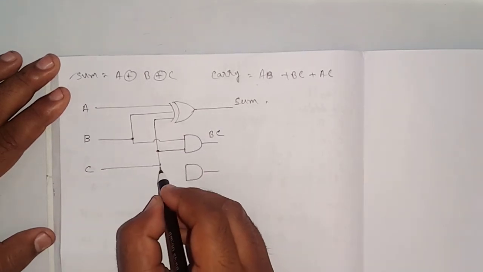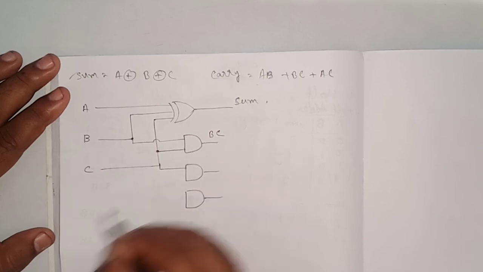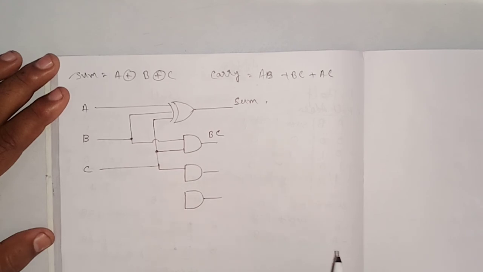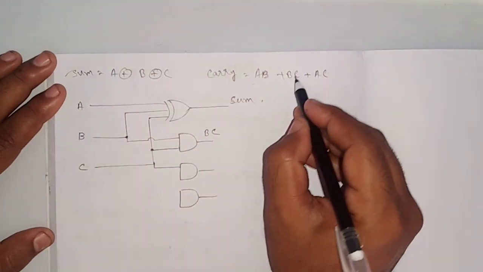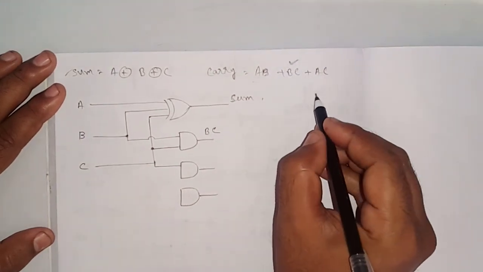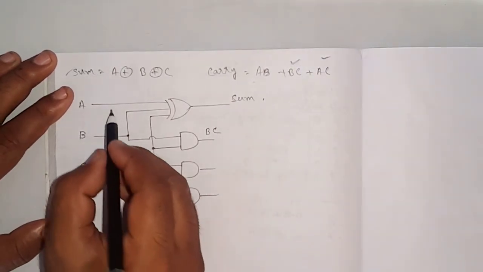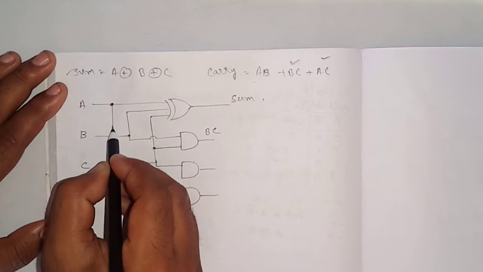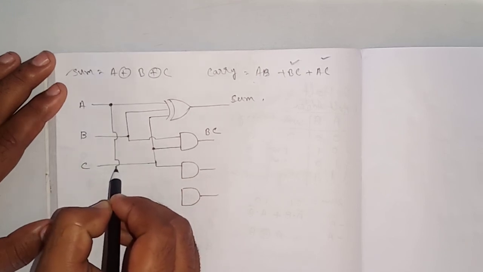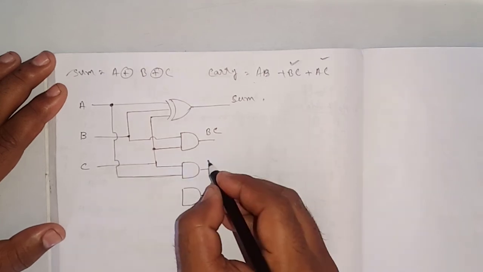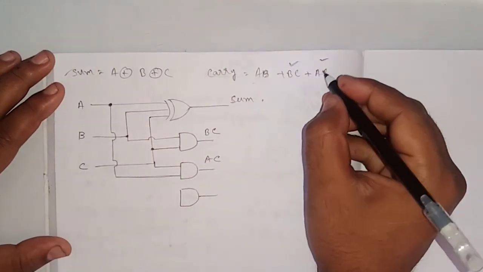Next, C line and C. This one complete. Now we are taking C means only this A. So we need A. So from here we are taking A. So A C also complete.